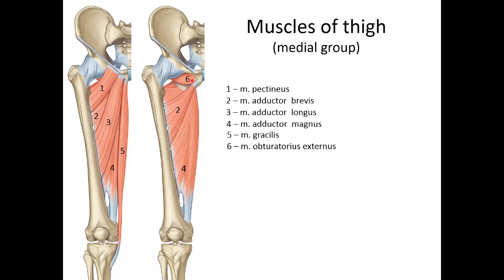And to find it in the cadaveric specimen, what should we do? We should try to look under or deeply to number 1, musculus pectineus, and number 3, adductor longus. If we look under it, we shall find musculus obturatorius externus, number 6.